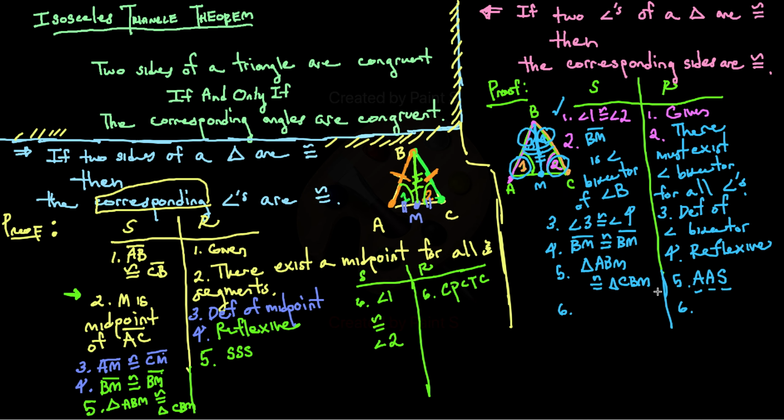So AB must be congruent to CB because those are the corresponding sides. That's CPCTC. These two triangles are congruent, therefore the corresponding parts must be congruent. So AB, this side, corresponds with this side, BC, and you're done.